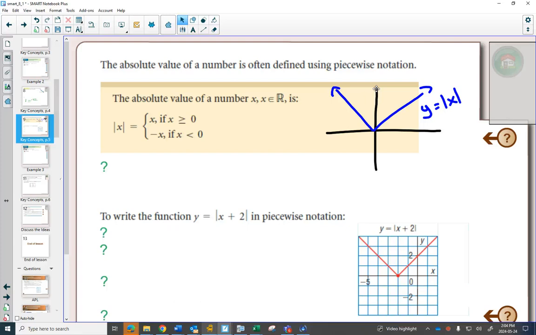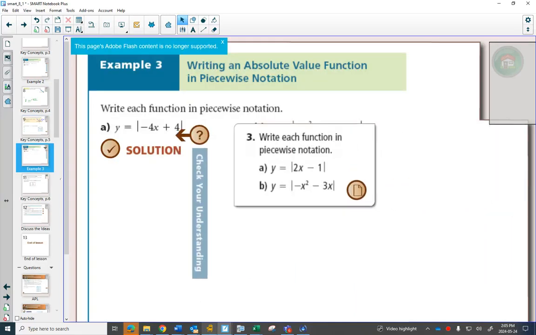If x is negative 3, it would fall into this section, and it should equal negative of negative 3. And two negatives makes a positive. Isn't that the same thing that the absolute value does? So now what we're doing is we're writing the equation in 2 little pieces rather than the whole thing, and just figuring out which sections are which. So now we can go to our last example.